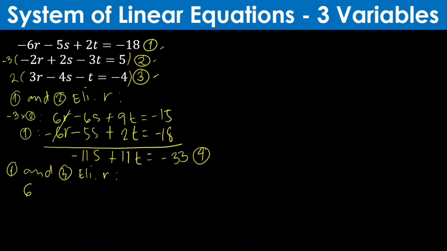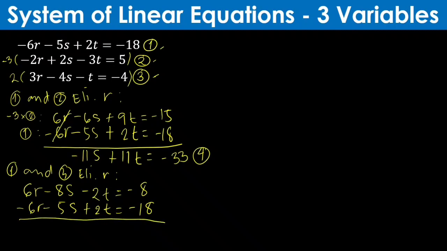That gives us 6r minus 2 times negative 4, that's 8s. 2 times negative t, that's negative 2t. And then 2 times negative 4, that's negative 8. And then we'll copy our equation 1. That's negative 6r minus 5s plus 2t equals negative 18.